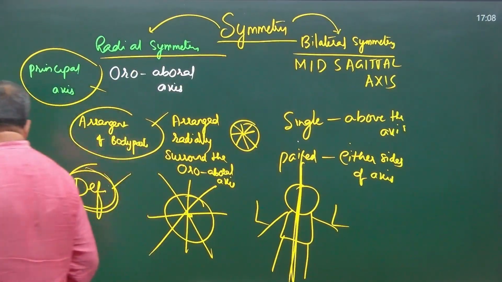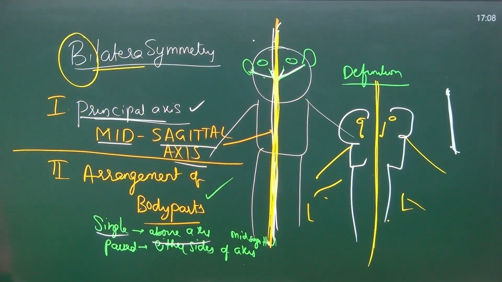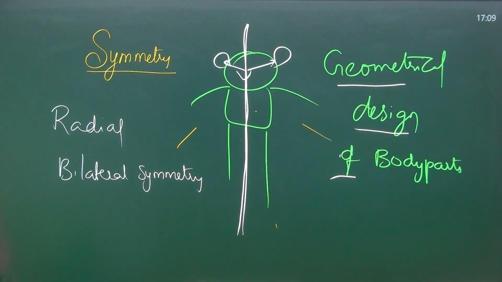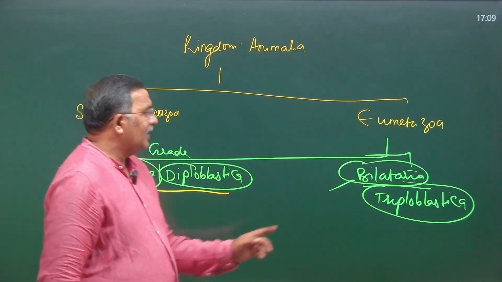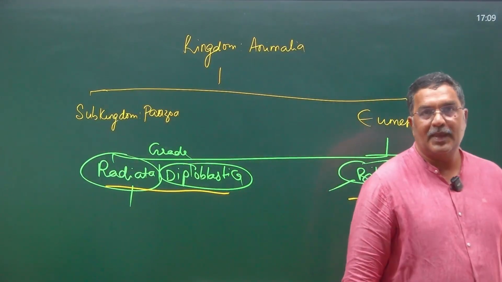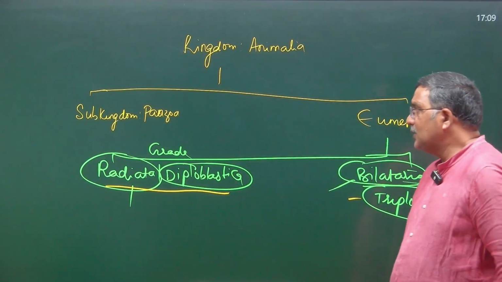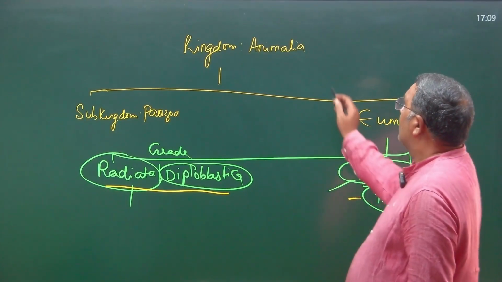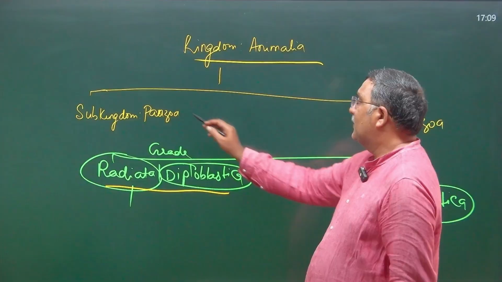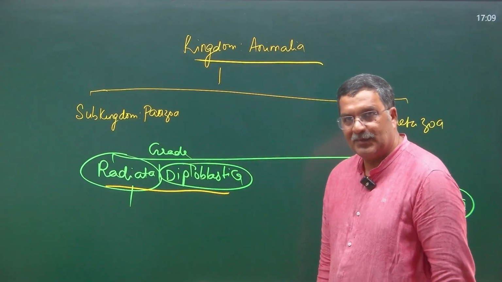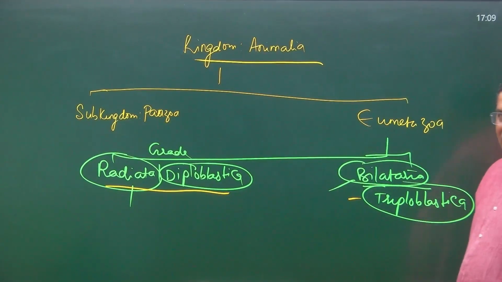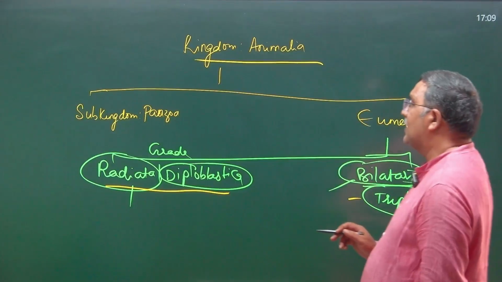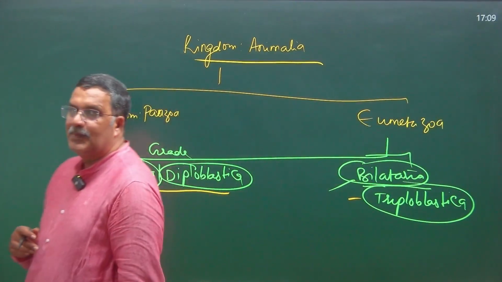That is Radiata or Diploblastica, and Bilateria or Triploblastica. These two and these two we have completed. Time being, we will complete the whole chart. Kingdom Animalia is classified into two subkingdoms: subkingdom Parazoa and subkingdom Eumetazoa. Subkingdom Eumetazoa is further classified into two grades.